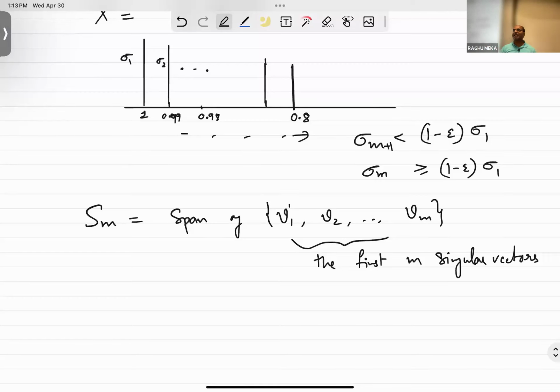Let's say my threshold for epsilon is 0.01. Look at all of the things whose singular value is at least 99% of the top. In some sense, I don't care which one among these you output, because my epsilon is my tolerance threshold. Within 1%, I don't care, so any of these would be okay. And that's exactly what you can show.